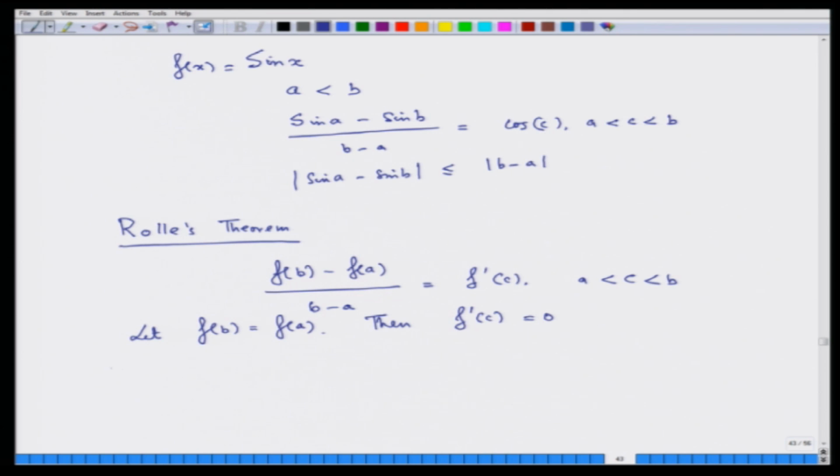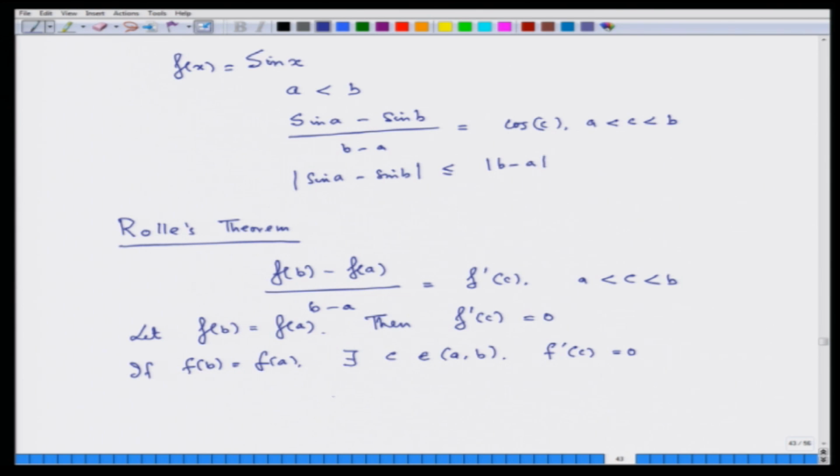So if f(b) is equal to f(a), there exists c in the open interval a to b such that f'(c) is equal to 0, which means I can find the critical point of the function lying strictly between a and b.